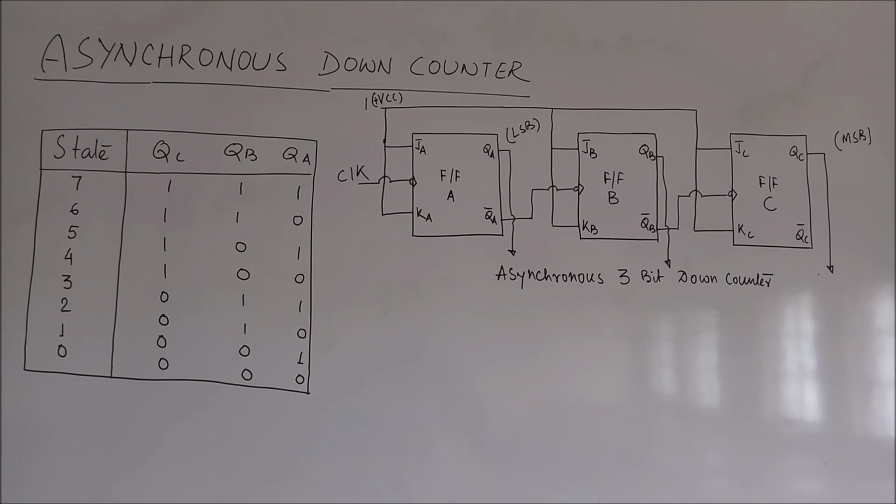We have applied the clock pulse externally at flip-flop A, and flip-flop B gets the clock pulse from the inverted output of flip-flop A, that is from QA bar, and flip-flop C gets the clock pulse similarly from QB bar. QA, QB, QC are the outputs, QA is the LSB and QC is the MSB.